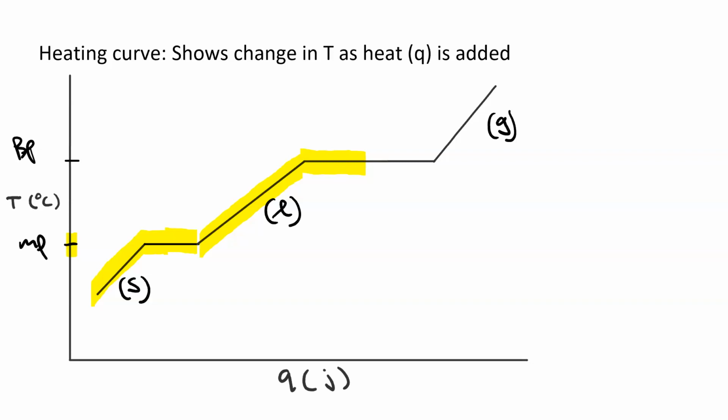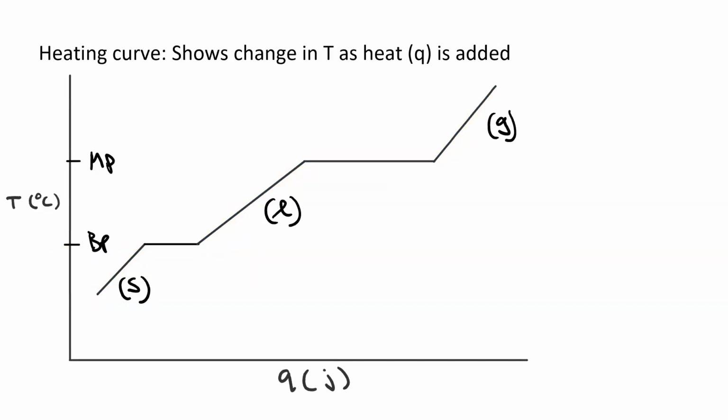Right here on my line, half of my liquid has boiled away to become steam. By the time I get here, all of my liquid is gone and it's 100% steam, but it's still at the boiling temperature. Now here, the temperature of the steam increases as heat is added.